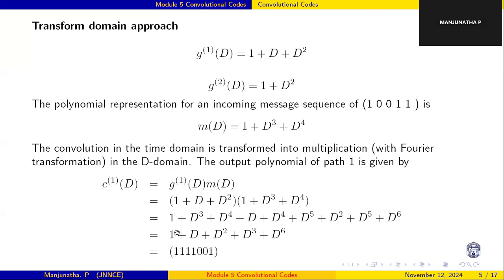In terms of binary, 1 1 1 1, then 4 is not there, 5 is not there, and 6 is present: 1 1 1 1 0 0 1.